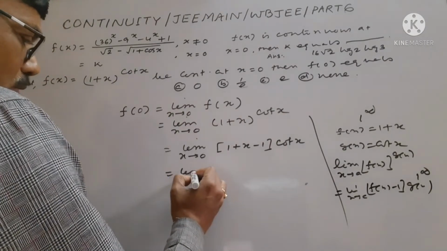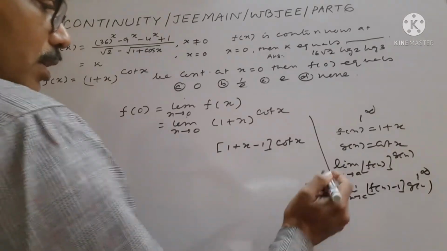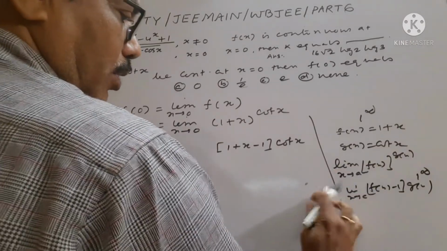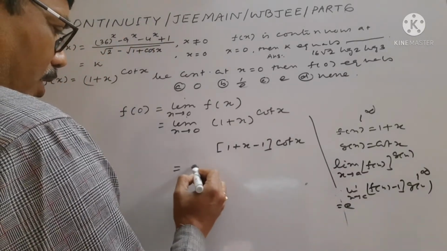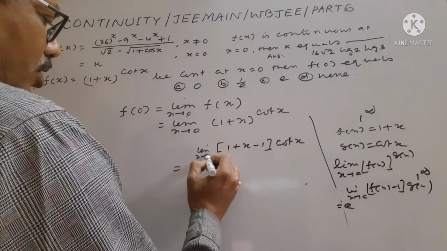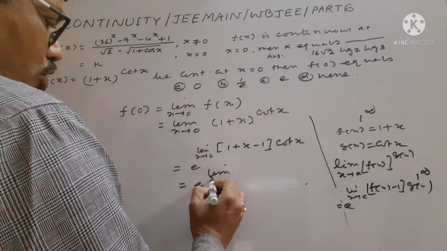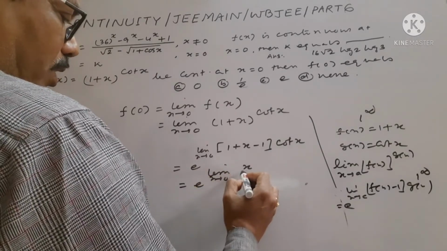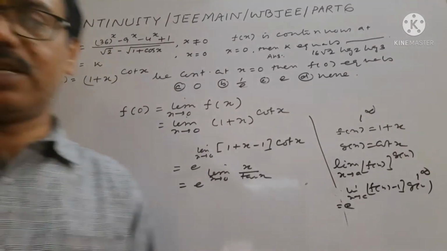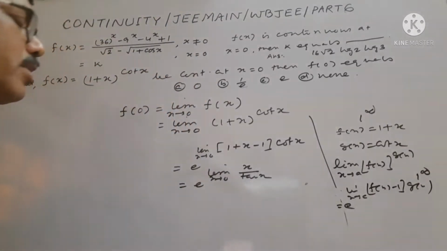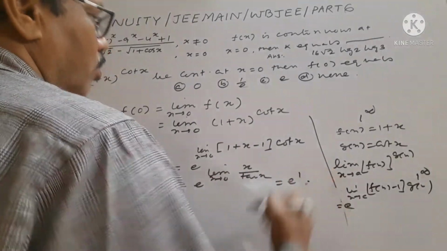So this is e to the power limit x tends to 0 of x cot x, so x by tan x. Now the standard result is tan x by x is 1, therefore x by tan x is also 1. So e to the power 1.